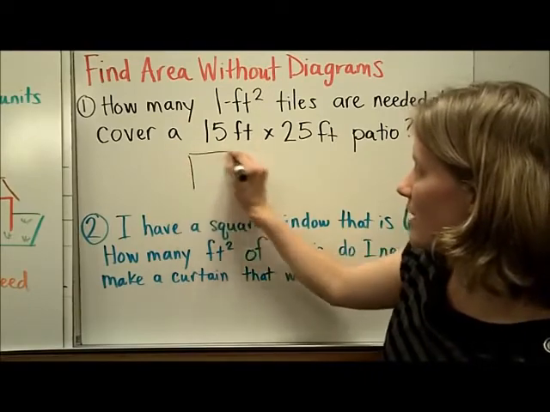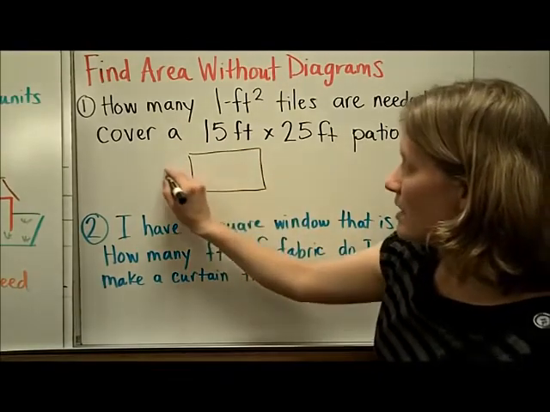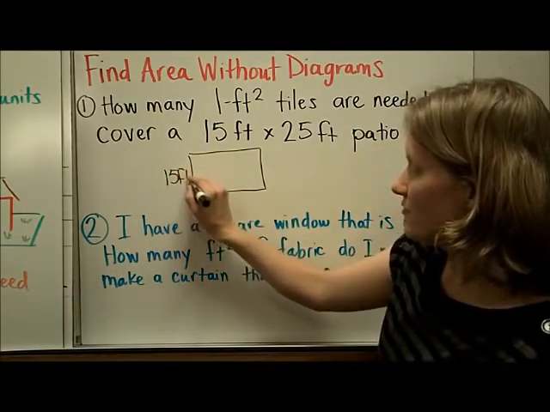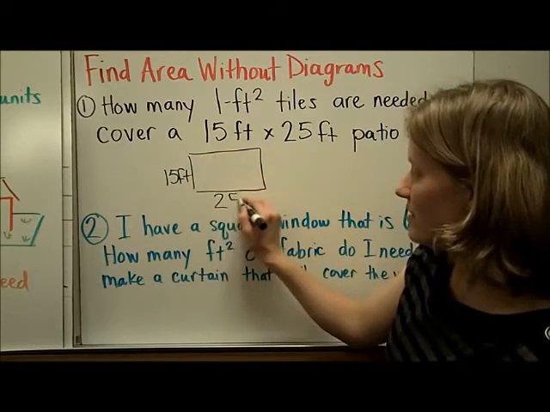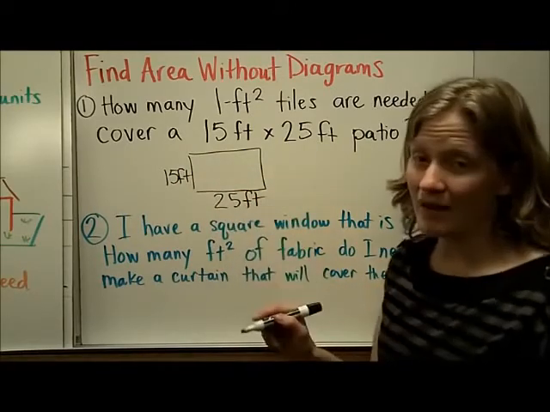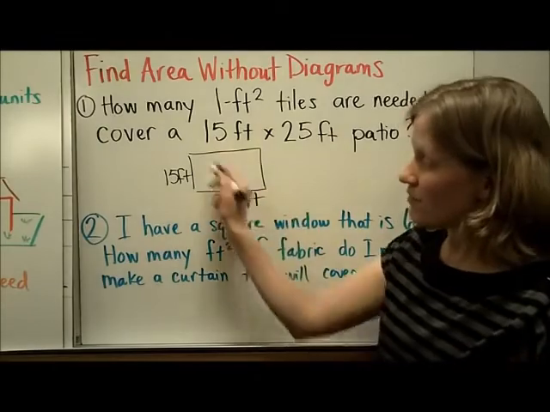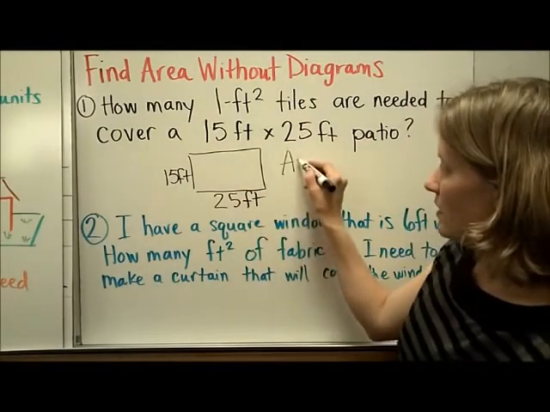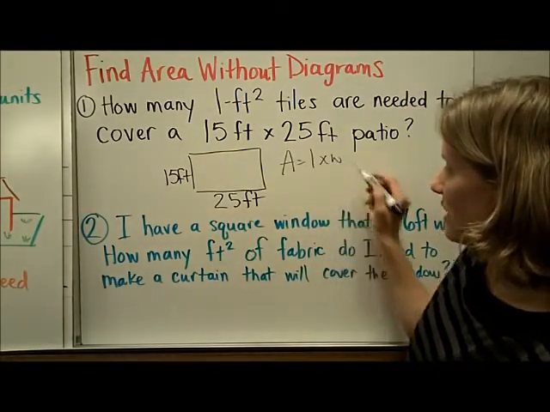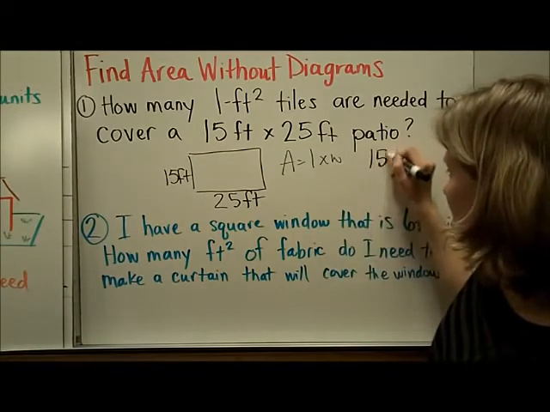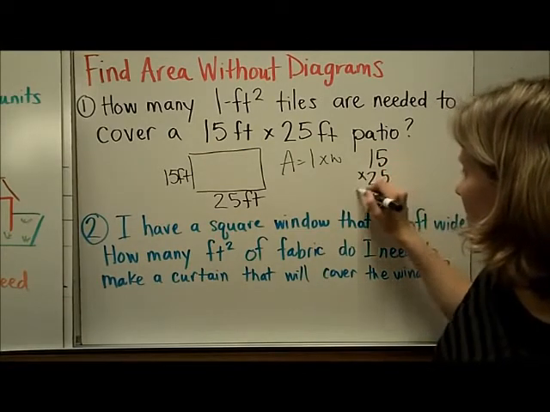So you might want to draw a model like you're looking at it from the top and have 15 feet by 25 feet. And then all we would have to do in order to find the area of this rectangle is to do length times width, or 15 times 25.